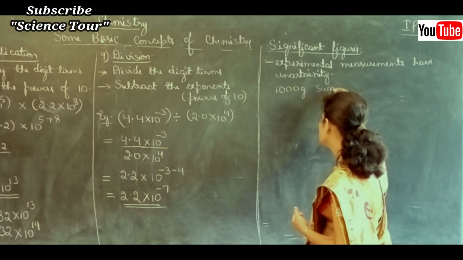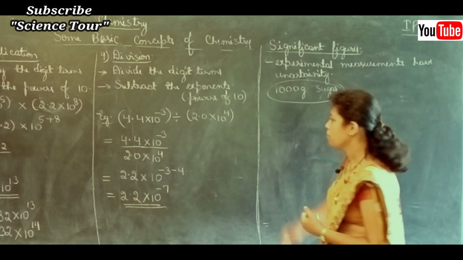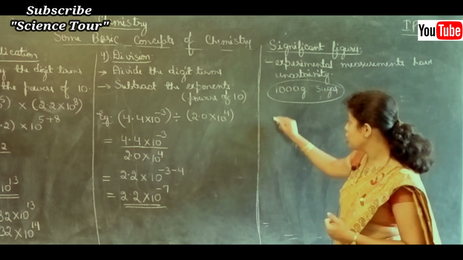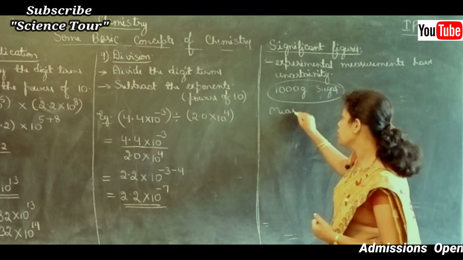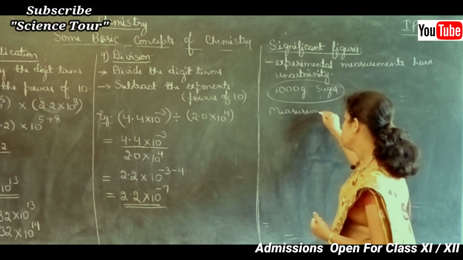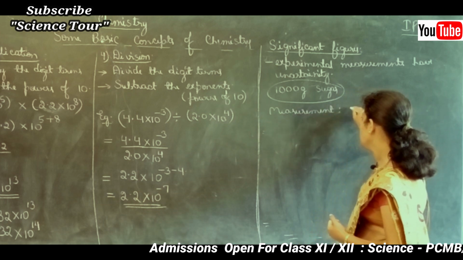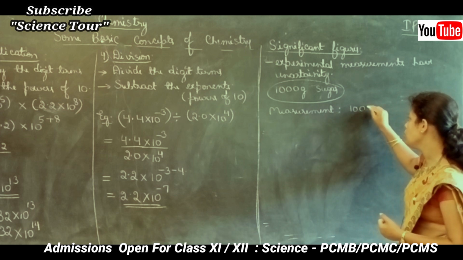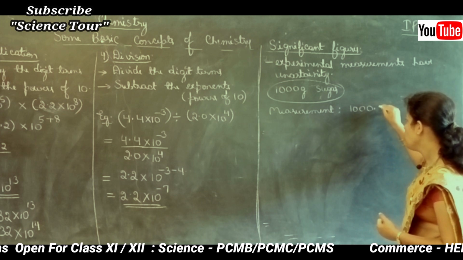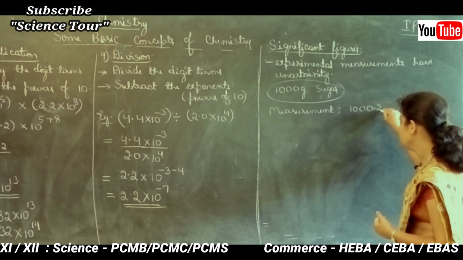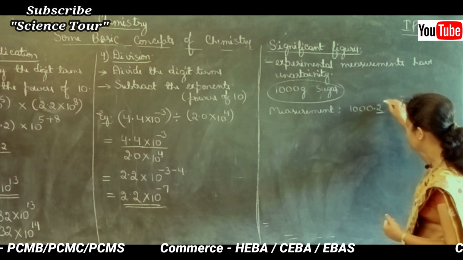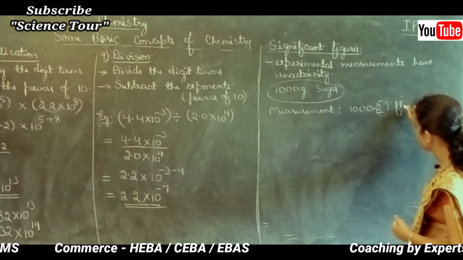But when it is measured, the measurement may show 1000.2. See, this last digit, you might have seen, fluctuates.